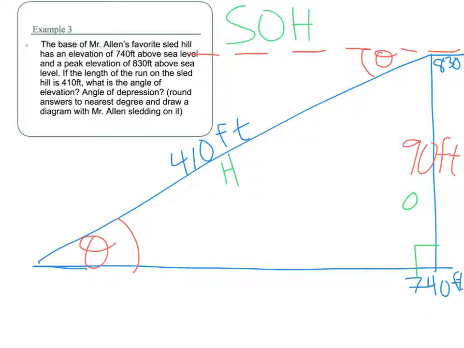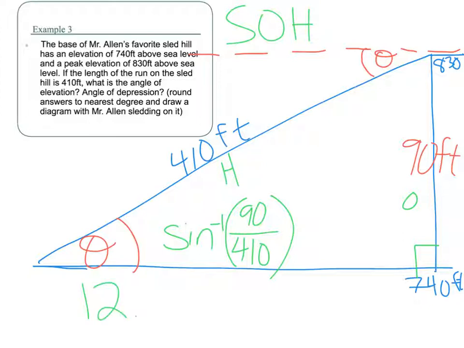What am I looking for? I'm looking for an angle. So I can just start with sine inverse of my opposite over my hypotenuse and plug that into my calculator. So when I do my 90 over 410, with my sine inverse, I get 12.68 degrees. So that is the angle of elevation or angle of depression for this particular sled hill.